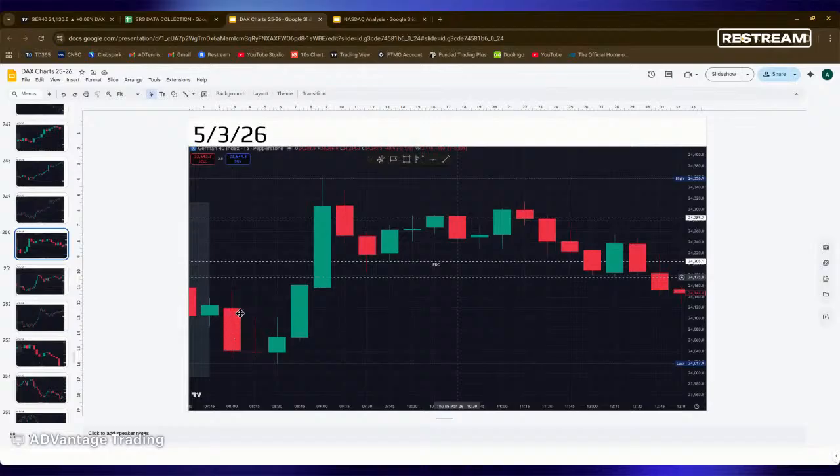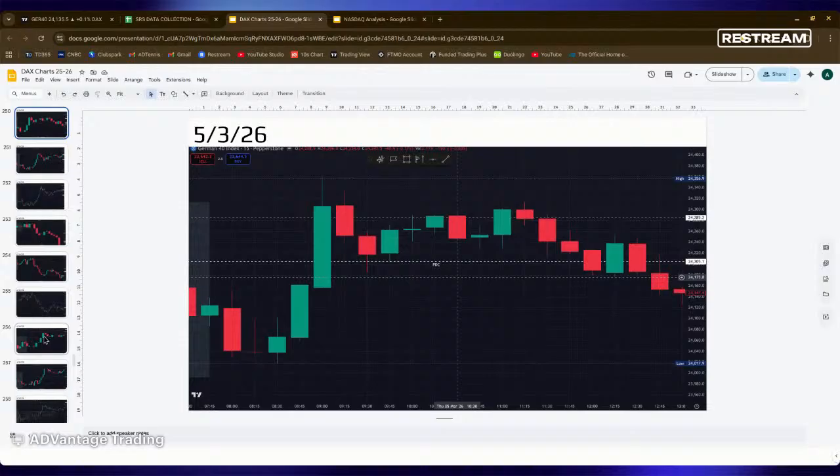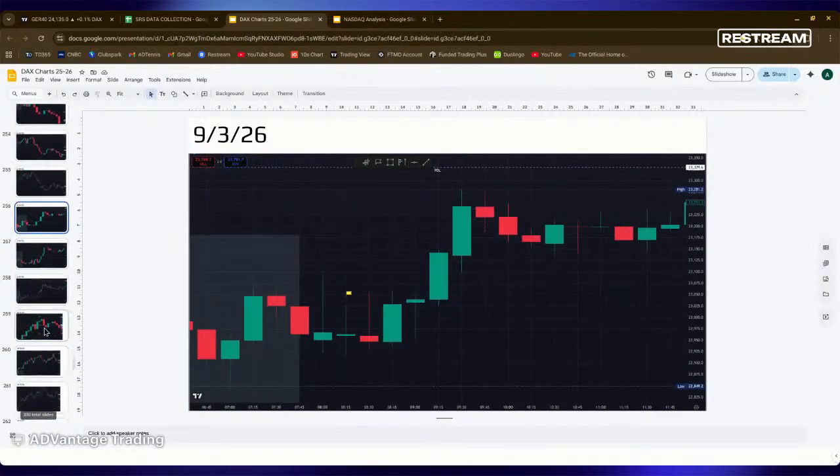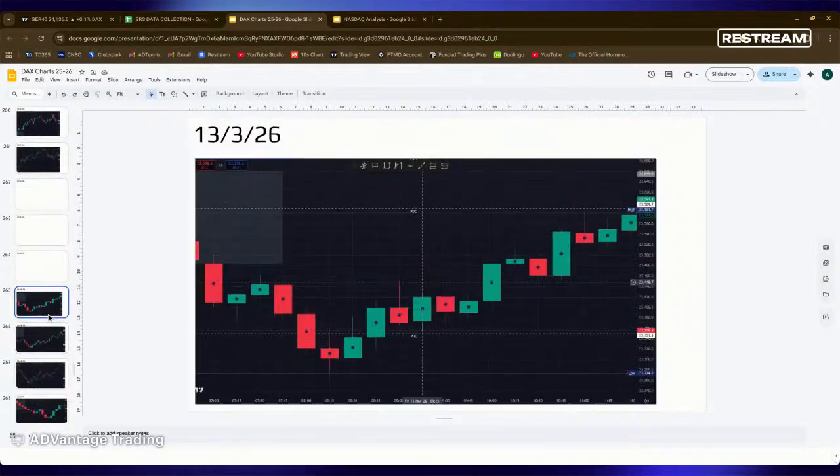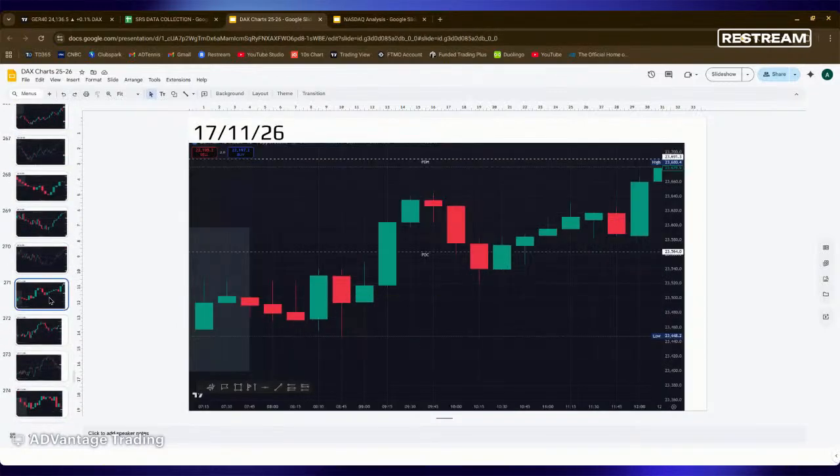And my strategy is based around the second 15-minute bar. I'll go to a different day where it's a bit easier to see. Okay, let's do this one. So the market opens here with this red bar. Okay, 8 o'clock.